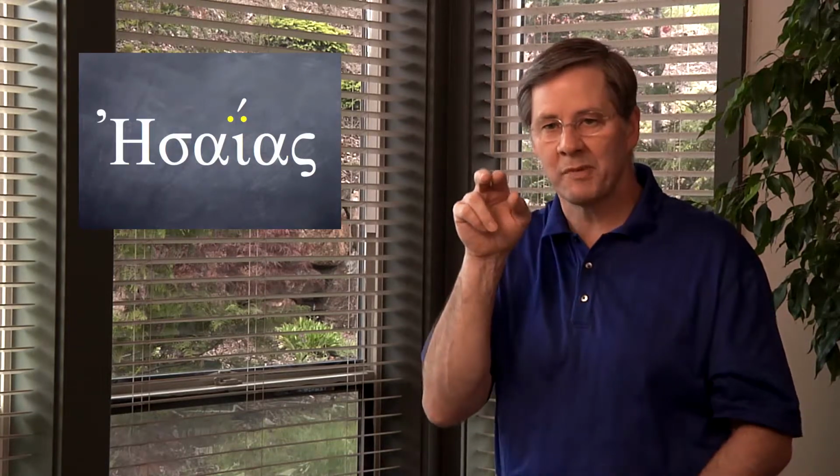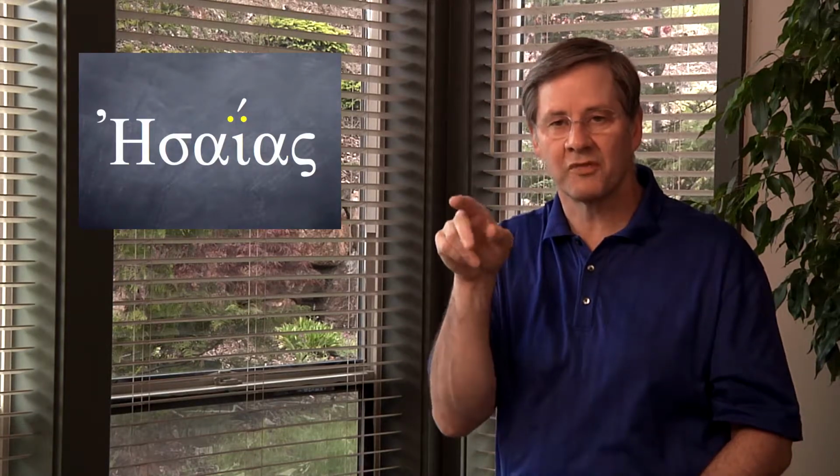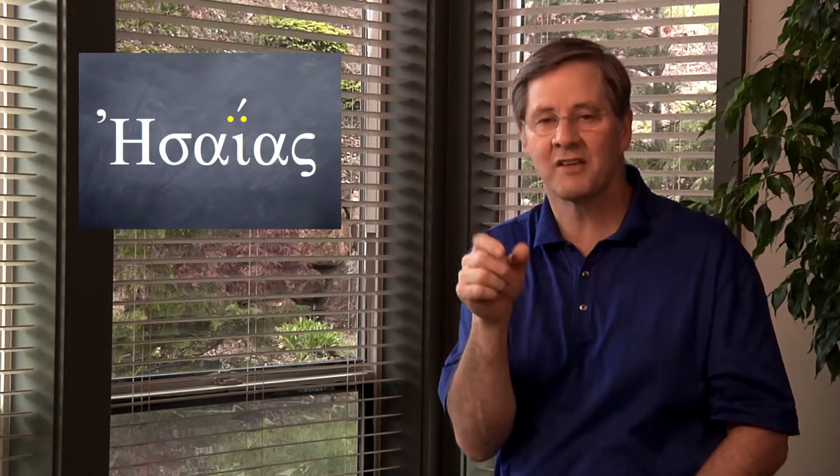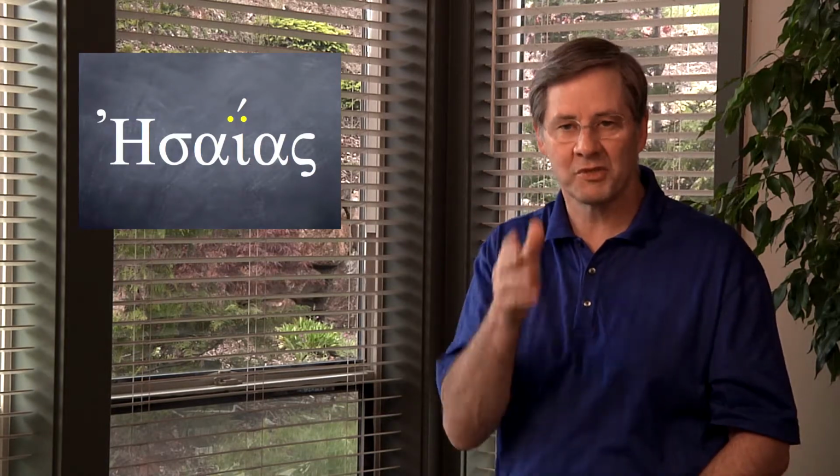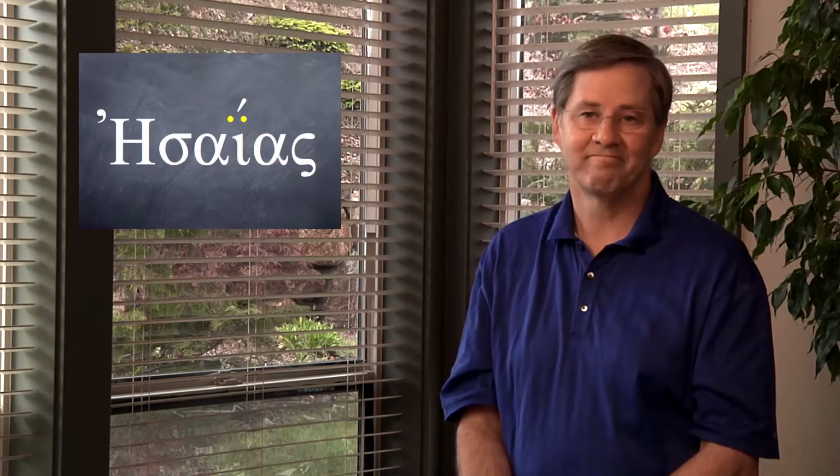So we put the two dots, the diaeresis, over the second vowel to say this isn't a diphthong. It's actually two vowels, and you'll syllabify between those two vowels. So the name Isaias is how you would say the name of the prophet, Isaias. Not an easy word to say.